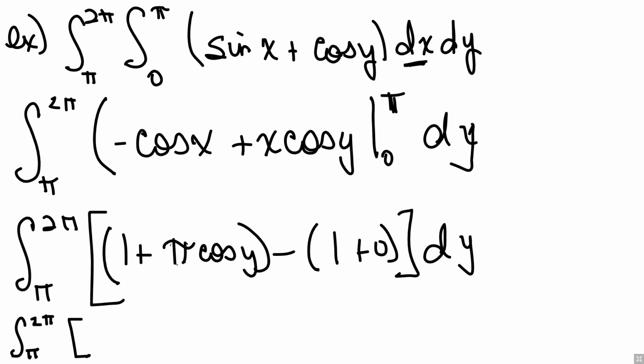Pi cosine y. Let's be careful. When you evaluate at 0, what should you get? Yes, it should be -1. Okay. All right, so now if we clean this up, what should we get? 2 plus pi cosine y.